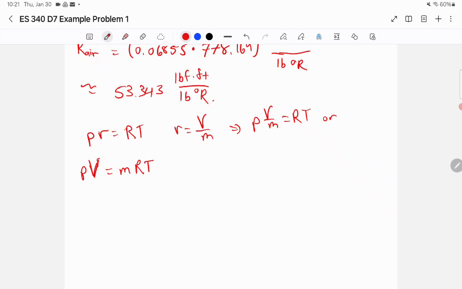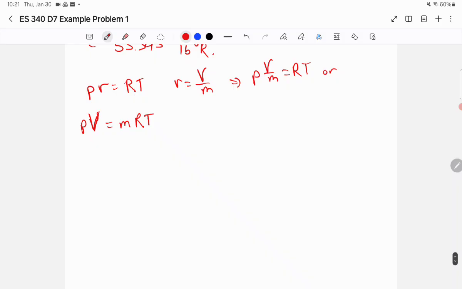Okay, so we can use that. And thus, this is, again, assuming the ideal gas law. You can't always assume that. Sometimes, if we didn't know that this was an ideal gas, we would go to the table and find these values. Okay, so keep that in mind when we're doing these problems.